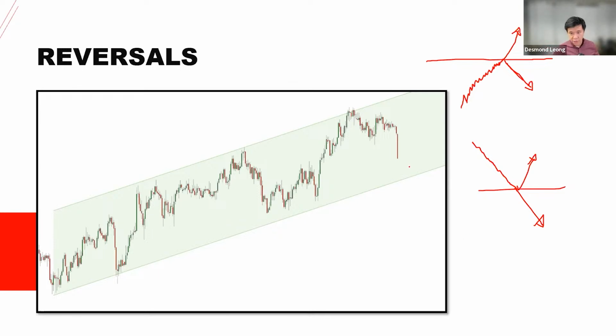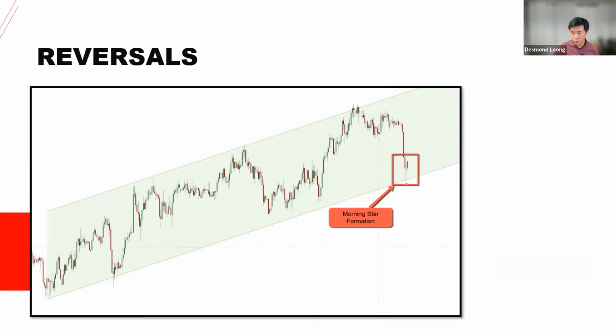So we have a channel over here. In this example, we have a nice little bullish channel going upwards. Price is dropping very strongly over here. What happens is that price drops all the way to here and it forms a morning star formation. A morning star formation means that there's a bearish candle, there's a nice little star, and then there's a bullish candle.